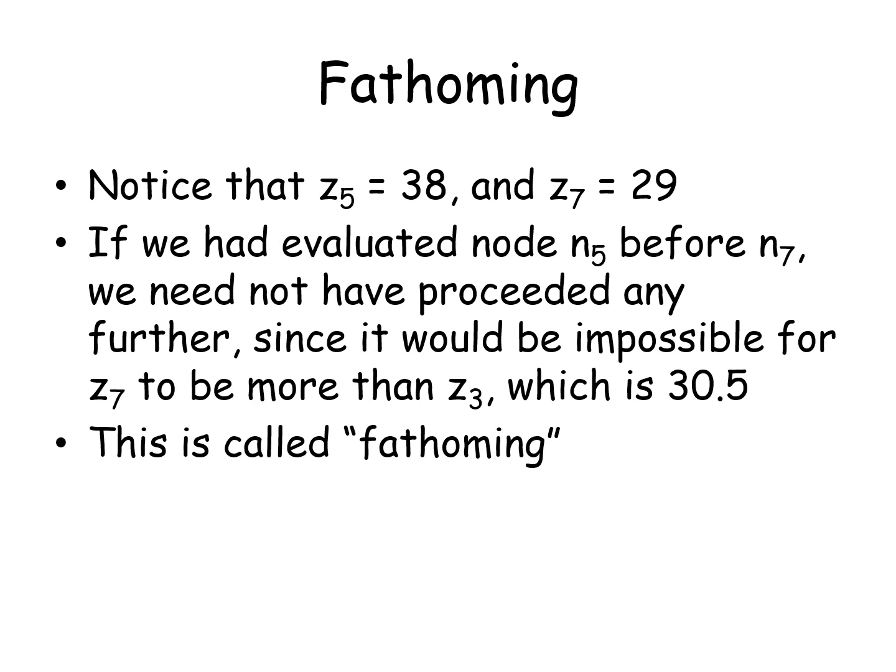Notice that Z5 equal to 38 and Z7 equal to 29, and that's why Z5 is the optimal solution, because it's better than that. So there's no need to branch down. If we had evaluated node N5 before N7, we need not have proceeded any further, since it would have been impossible to get a better value. This is called fathoming. That means you don't go in that direction in the tree.